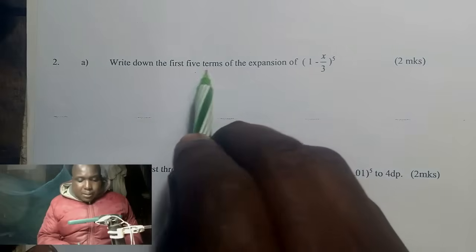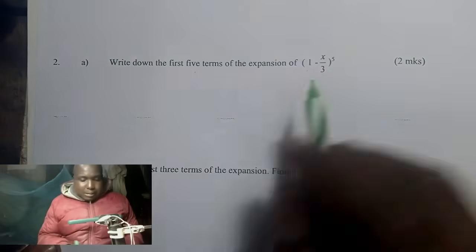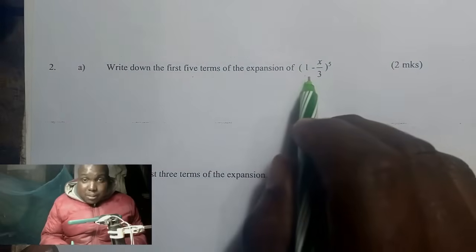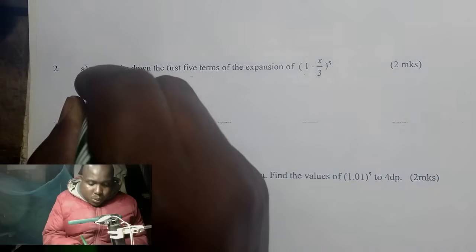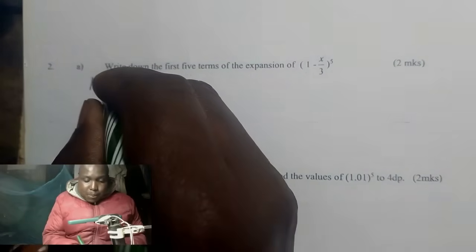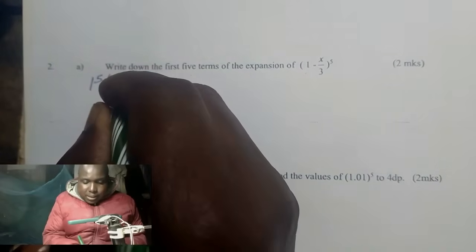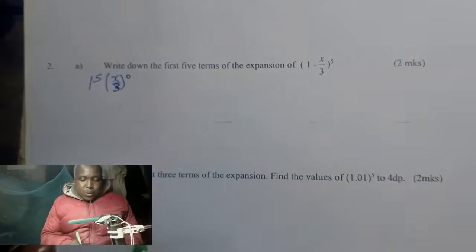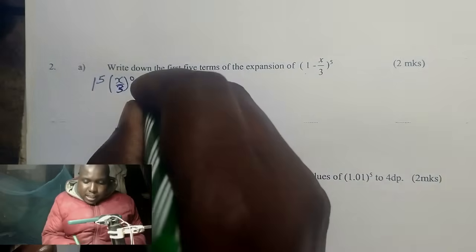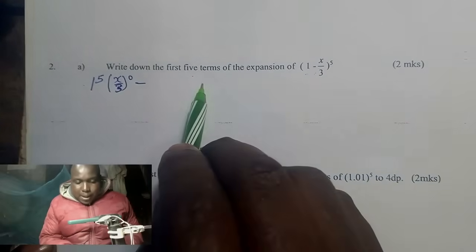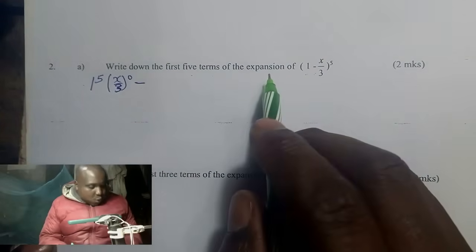Write down the first 5 terms of an expansion of this one. Let us expand this one. You start with the first term, so it's going to be 1 raised to power 5. And then the second term, you open bracket, x over 3 raised to power 0. Then because it is subtraction, we start with positive, minus, positive, minus, positive, minus as it moves on.